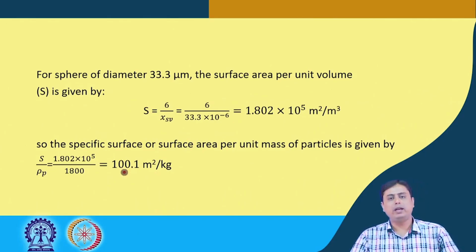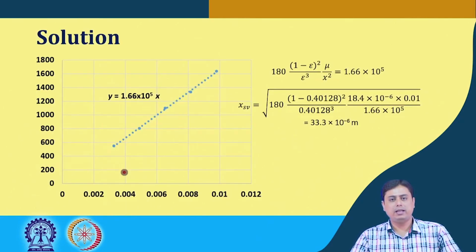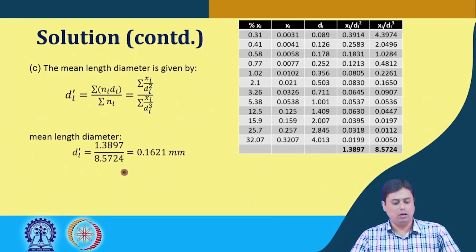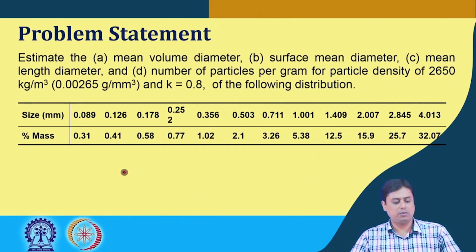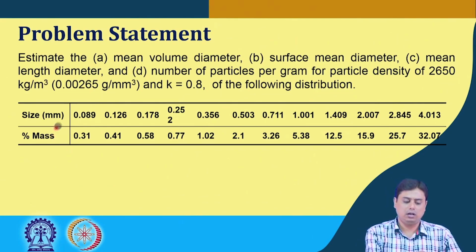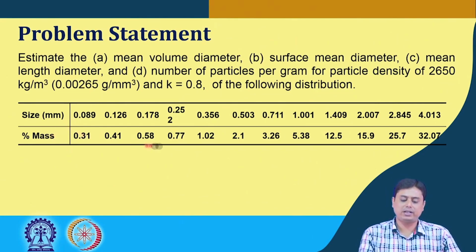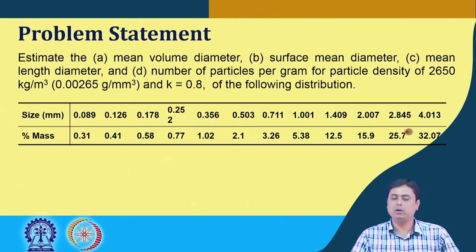So, what have we learned today? We have seen two problems. Let me quickly summarize, or go through once again, both the problems. The first problem was where the mass fraction size distribution was given.